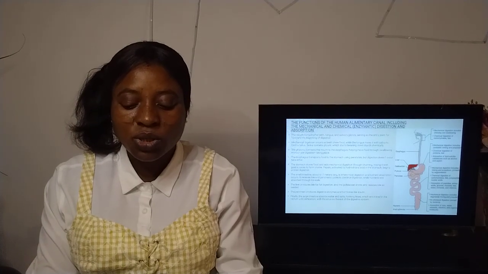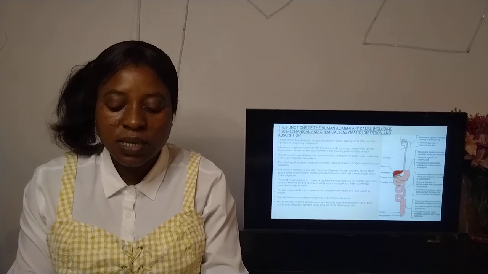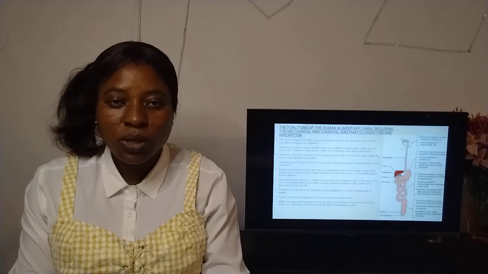The functions of the human alimentary canal, including the mechanical and chemical enzymatic digestion and absorption. The mouth contains the teeth, tongue, and the salivary glands, serving as the entry point for food and the beginning of digestion. Mechanical digestion occurs as teeth chew food while the tongue mixes it with saliva to form a bolus.